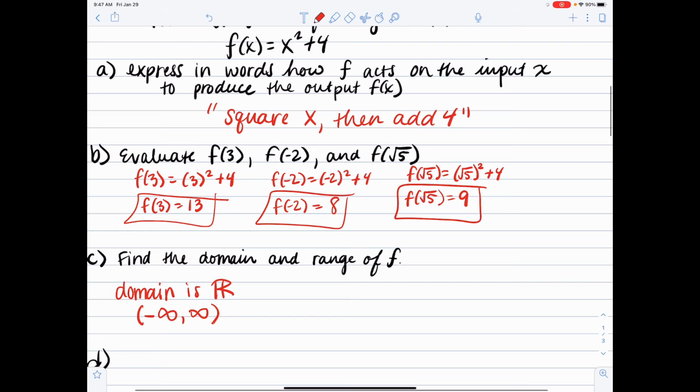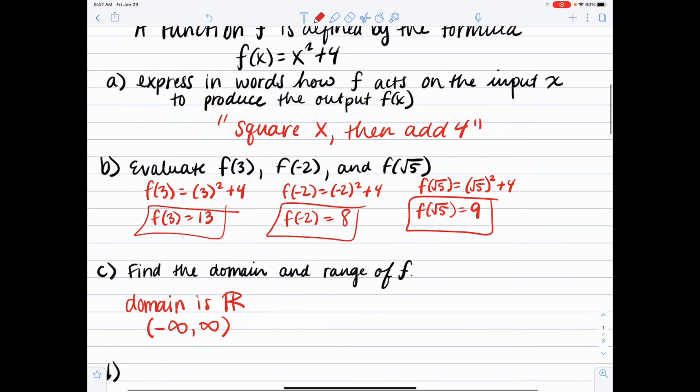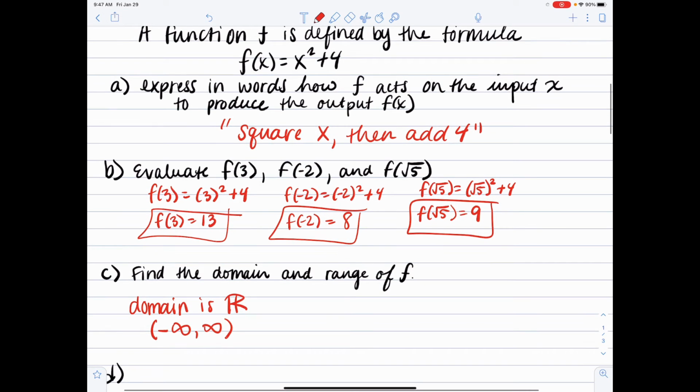And then the range is all possible output values. But since every time you square x, so x squared, this always becomes a positive number, right? So it's any positive number plus 4. Okay, so the smallest number that x squared can be is 0, because 0 times 0 is 0.